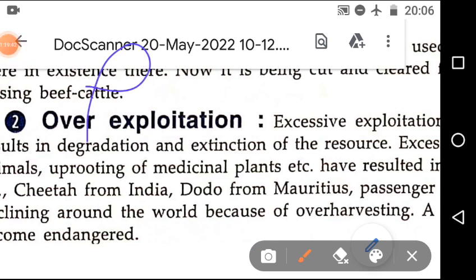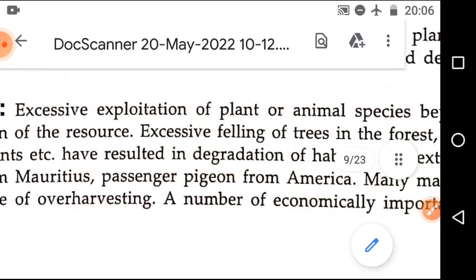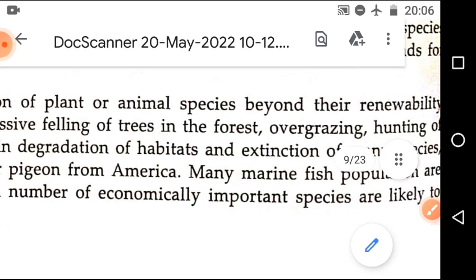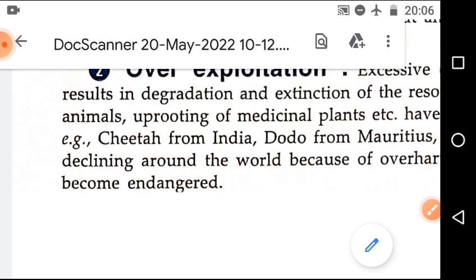Due to not culturing those fishes while at the same time harvesting them from the sea, we are making their population decline. A number of economically important species are likely to become endangered. Some of them are keystone species as well, which are likely to be endangered within a few years.